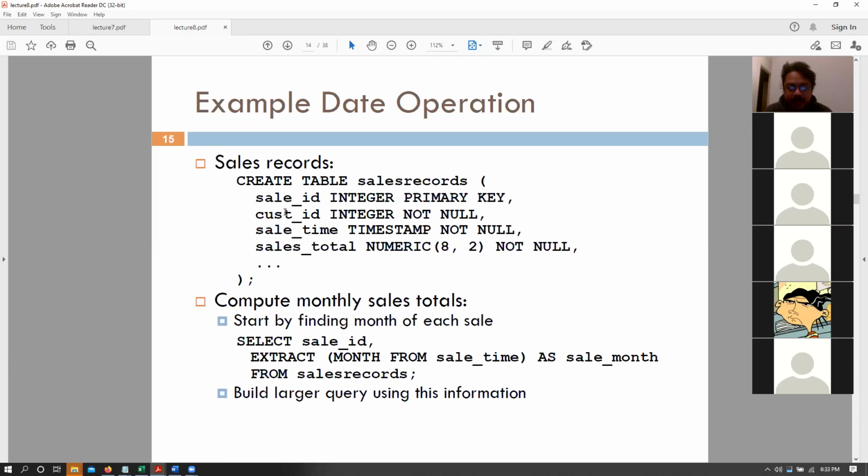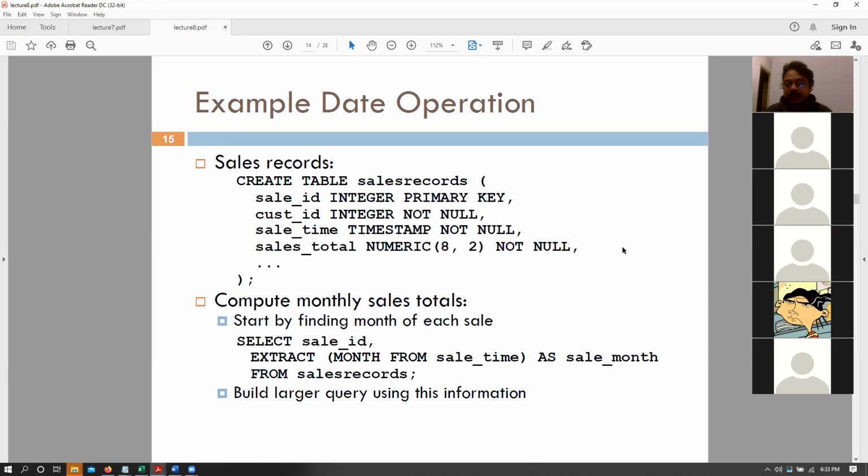So for example, let's say that we have a table of sales and the date of individual sales, right? We have the sale ID, that is an integer primary key, customer ID, and sale time, and that has a timestamp and it can't be null, right?